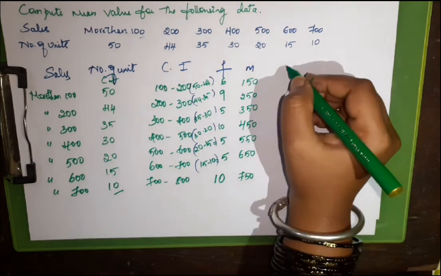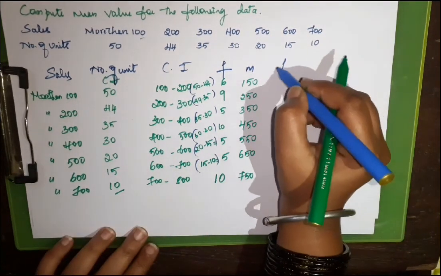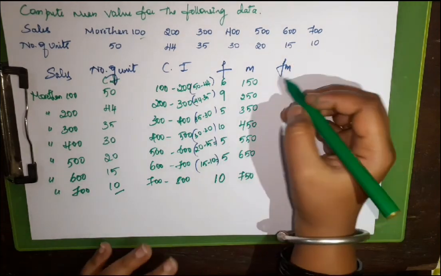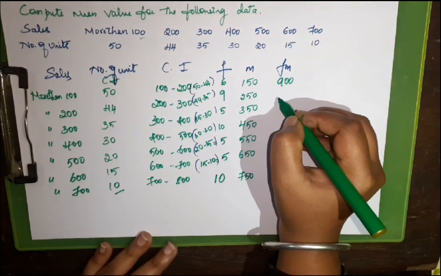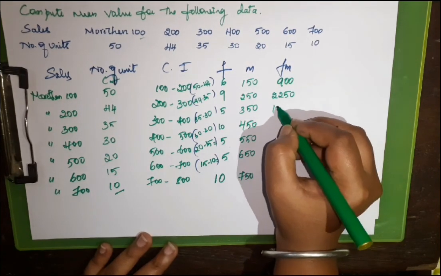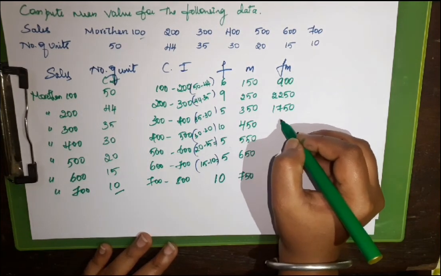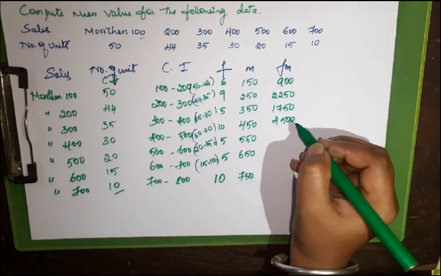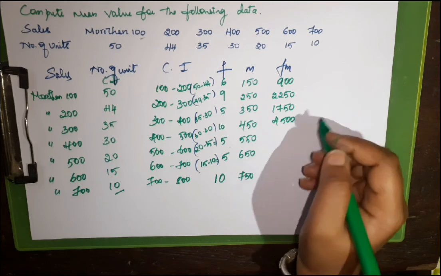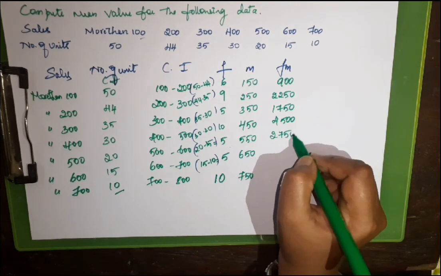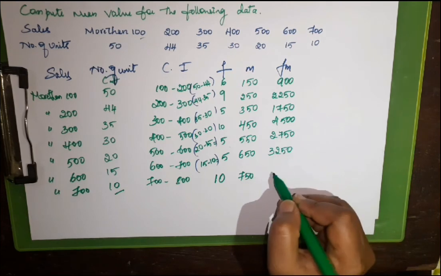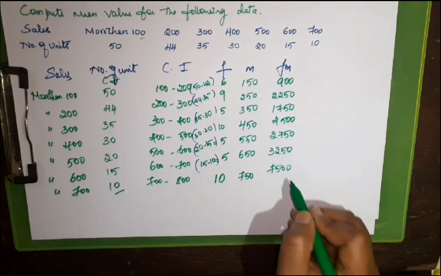So we have to find the product of F and M. So 6 into 150 is 900. 9 into 250 is 2250. 5 into 350 is 1750. 10 into 450 is 4500. 5 into 550 is 2750. 5 into 650 is 3250. Then 10 into 750 is 7500.